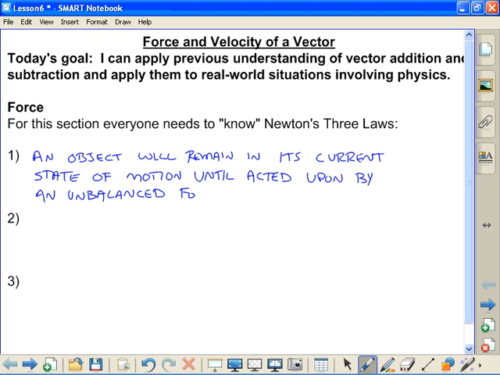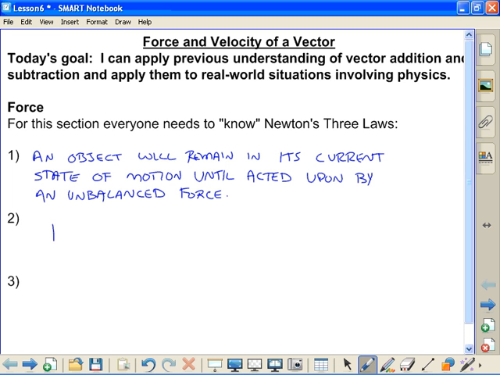What does that mean? It means that if you have your computer in front of you right now, if it's not moving, it's never going to move until you give it a push. But don't do that. All right? You don't want to push it off the desk. If something is rolling, it's not going to stop rolling until it hits a wall or you jump in front of it. So Newton's first law simply means that.